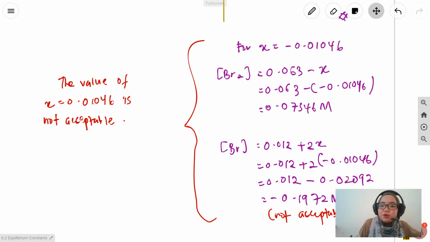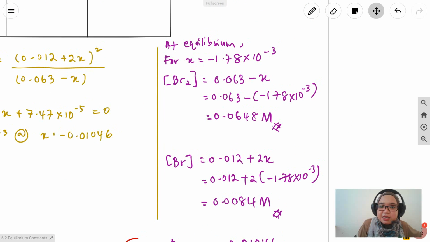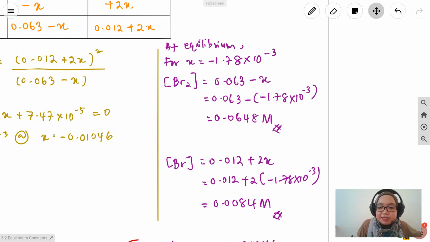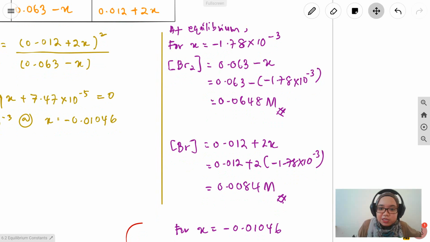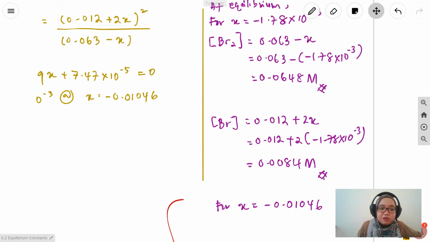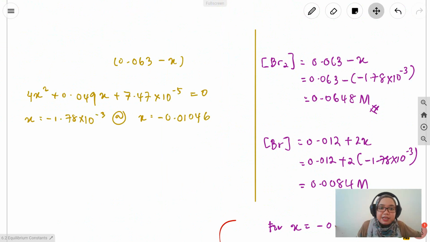Since that, we say that x is negative 1.78 times 10 to the negative 3, because both concentrations are positive. Although this x is also negative, when we substitute it into the equations to find the concentrations at equilibrium, we still get positive values. So we accept x equals negative 1.78 times 10 to the negative 3. That is for question number 11.